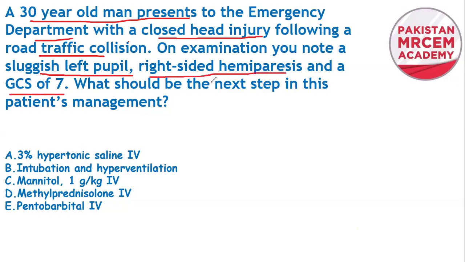What should be your next step in this patient's management? Carefully read the examiner's demand, right? So a patient of RTA coming with GCS of 7, having a sluggish pupil and right-sided hemiparesis.